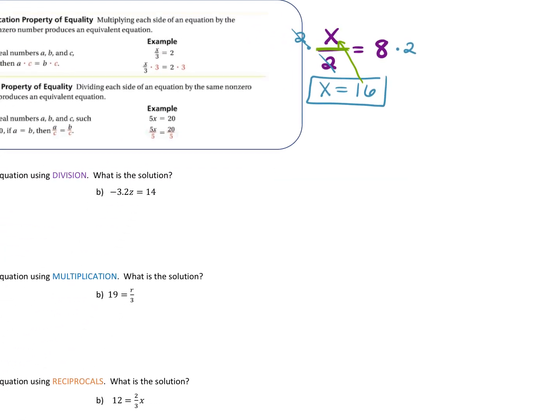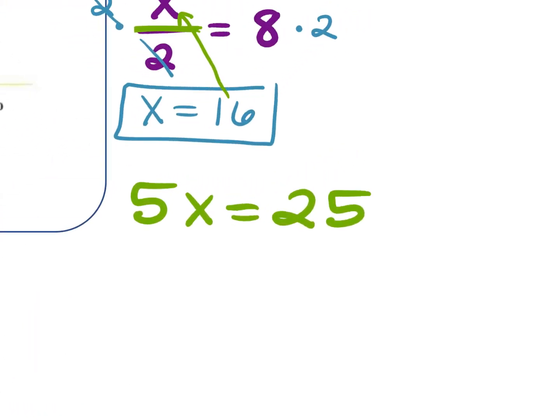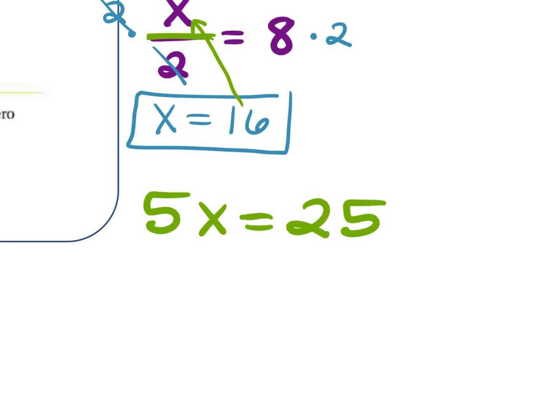Division property says if you are currently doing multiplication, so something like 5 times x equals 25. This is implied multiplication, right? When you put a number next to a variable, they're basically saying put a dot there. We are multiplying. You don't have to put the dot there, but that's what's happening. So the opposite of multiplication is division.